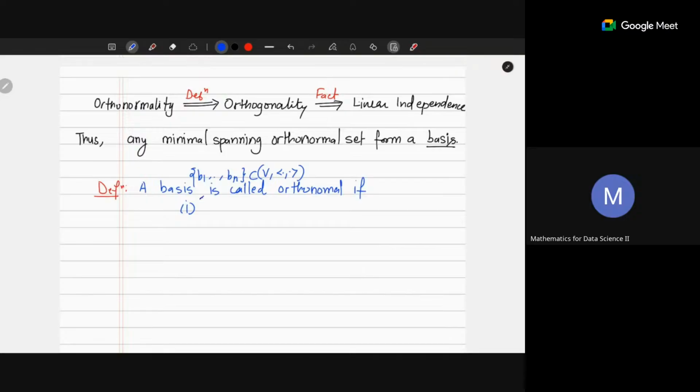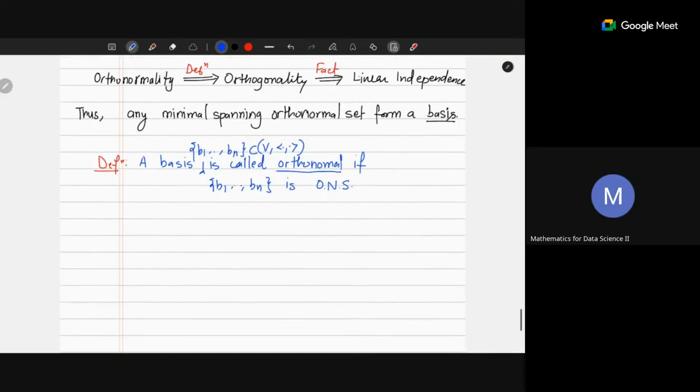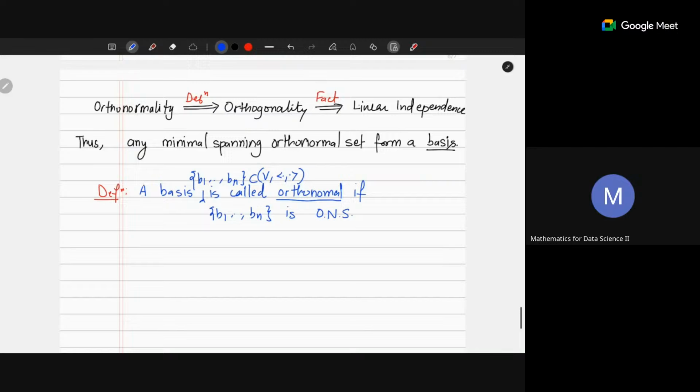This is called orthonormal if b1 up to bn is an orthonormal set. It just needs to be this orthonormal set. That's it. So a minimal spanning orthonormal set gives you an orthonormal basis.